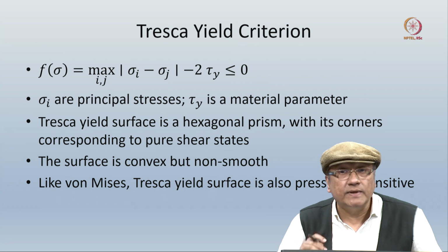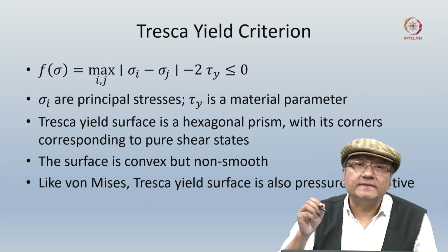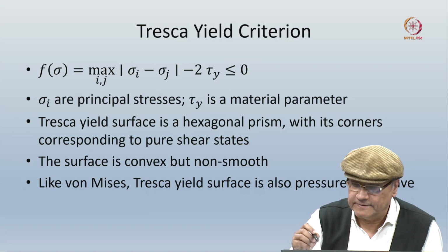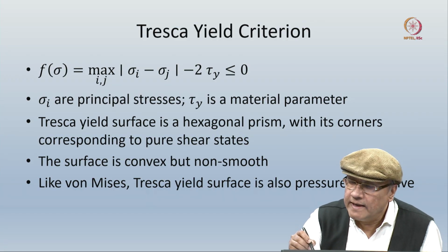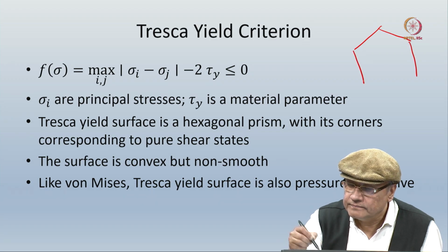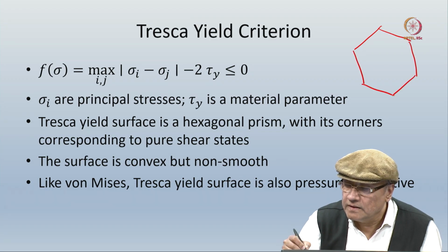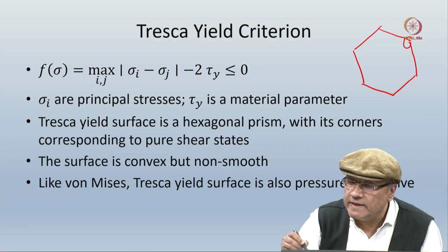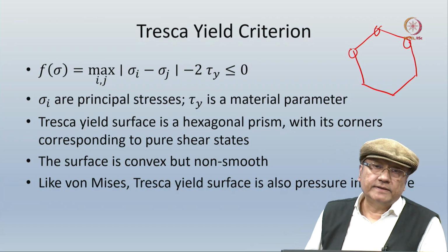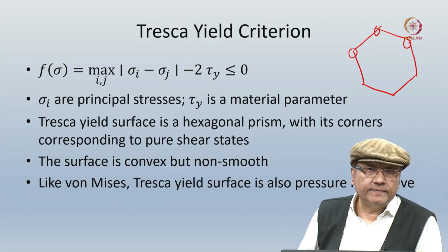The reason for this we will come to soon, but in such cases a non-smooth yield surface would be better, for example a yield surface of this type. This is non-smooth at these corners, or vertices. This is a hexagon.